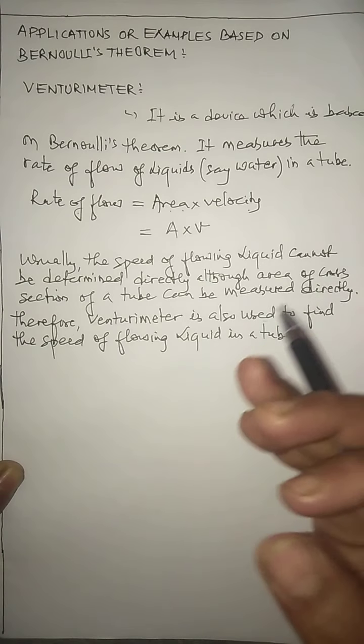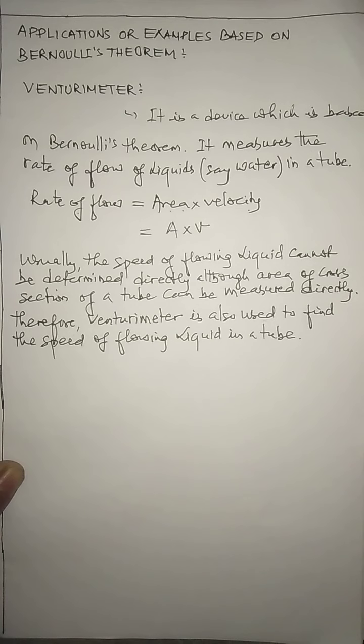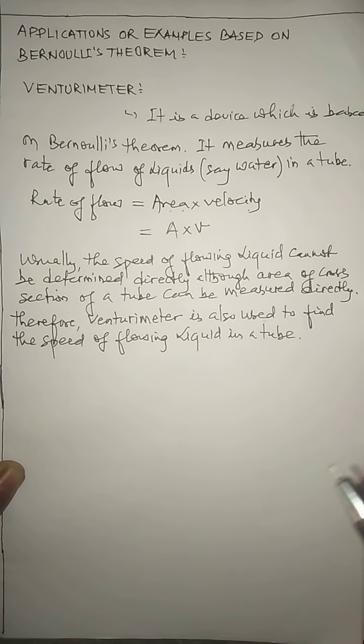That means here we use the principle of continuity to find the speed of the flowing liquid. So children, remember this part: the venturimeter is a device based on Bernoulli's theorem, but when we come to the measurement of the speed of flowing liquid, we can use even the principle of continuity.